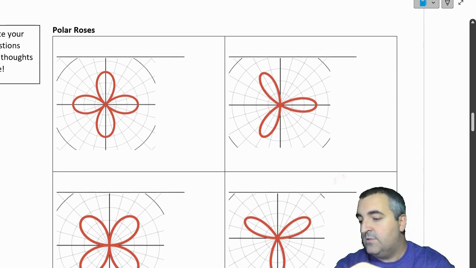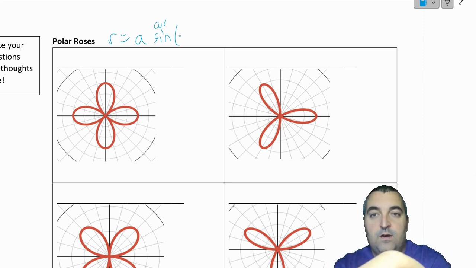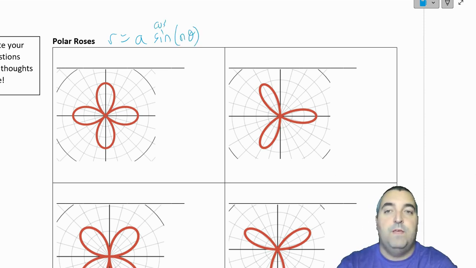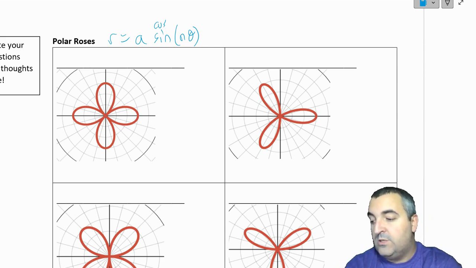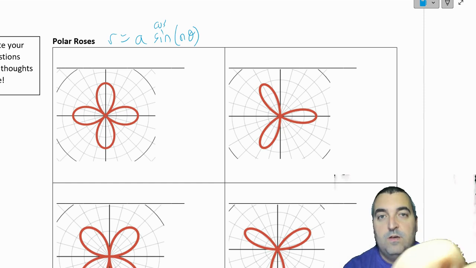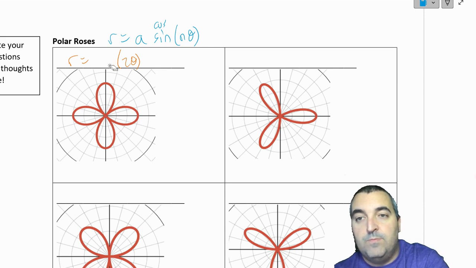So these guys are always going to come in the form of r equals A times either sine or cosine of n theta. Okay, and so that's how these equations are going to look. I'm going to write what these equations are first and then talk about the patterns. So this first one, its equation is going to be r equals 3 cosine 2 theta. You may be like, where did this come from?